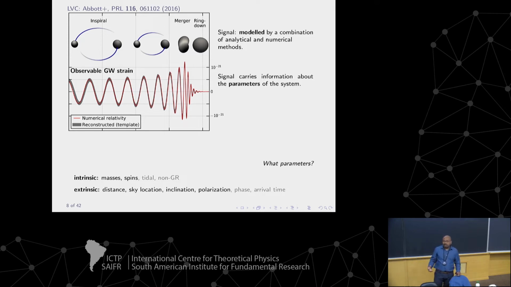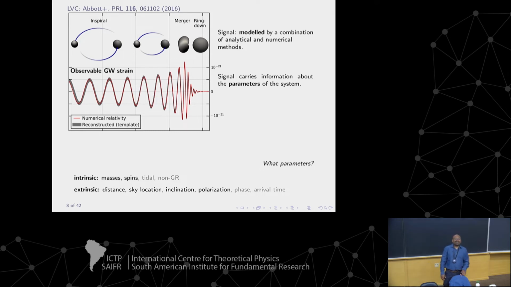These are for black holes. And if you're going to neutron stars, also tidal parameters, how easily these neutron stars can be deformed. And if we want to look beyond standard physics, then one can also put in additional parameters beyond general relativity.